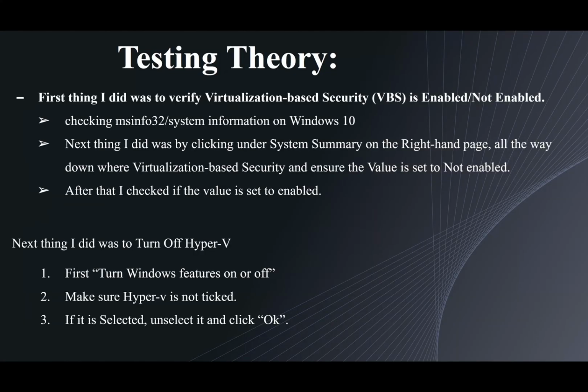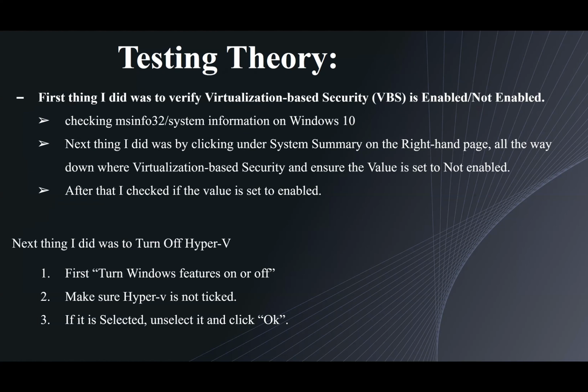After I found the solution, I tried to test the theory to make sure that's what was causing the problem from booting the server. The first thing I did was verify whether virtualization-based security, VBS, was enabled or not. Next, I checked msinfo32 System Information on Windows.